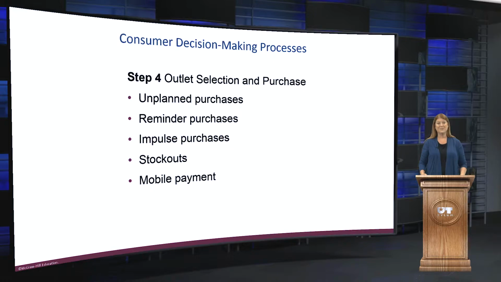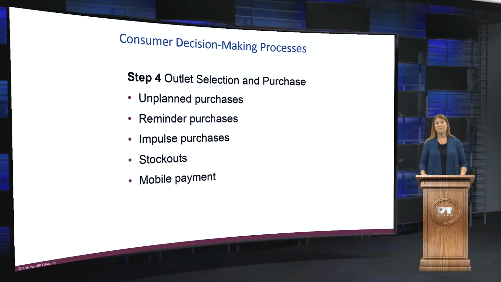And then when we select those outlets, again, there are different types of purchases that we make. Those unplanned purchases typically are very low cost, low priced products. You may see something and just buy it, and you hadn't really planned on it. Sometimes students confuse unplanned purchases with impulse purchases. Unplanned typically is going to be a little bit bigger purchase price than an impulse item.